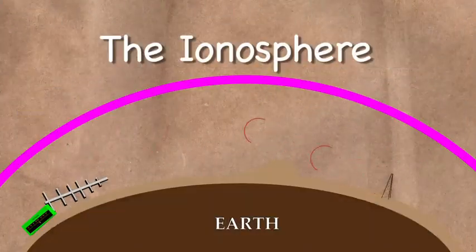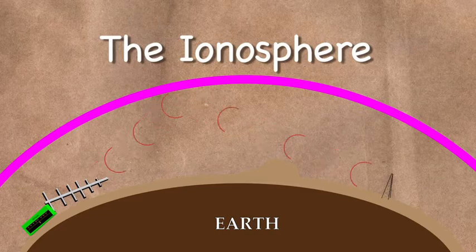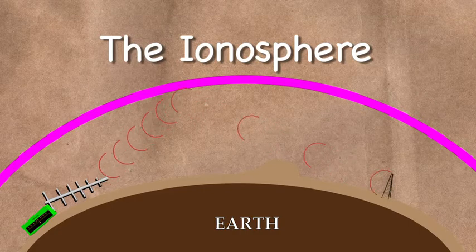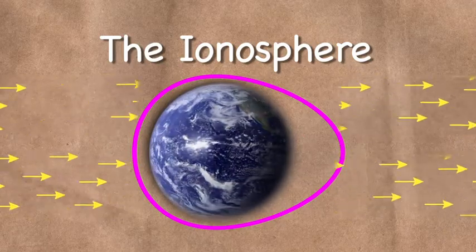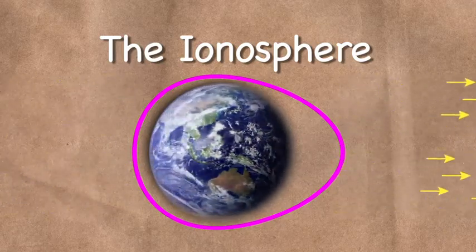Certain frequencies of radio waves are capable of bouncing off the ionosphere. This can extend their range by quite a bit. The ionosphere's height is affected by the solar winds, and during the night the solar winds pass around the Earth and pull out on the atmosphere, thus raising the ionosphere.